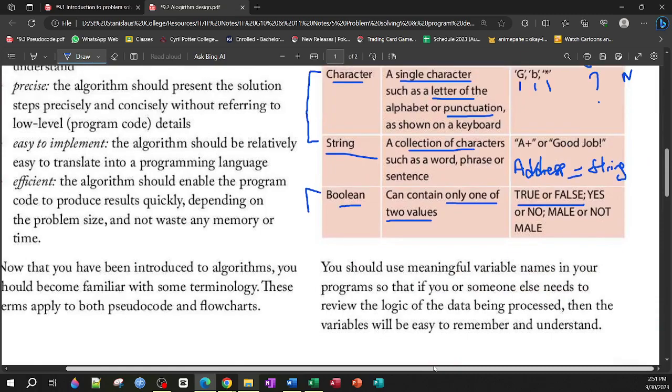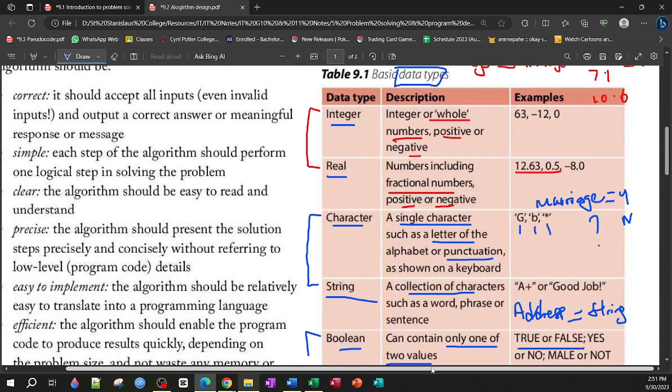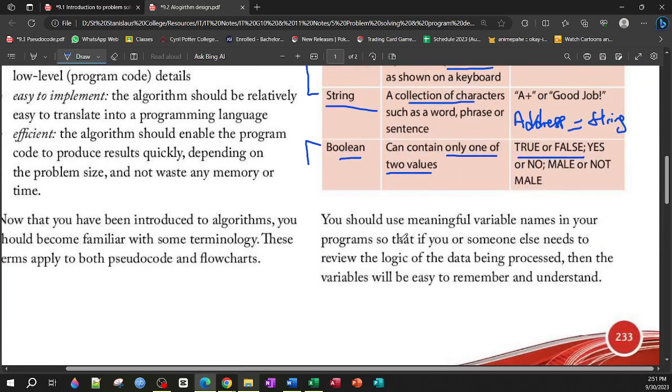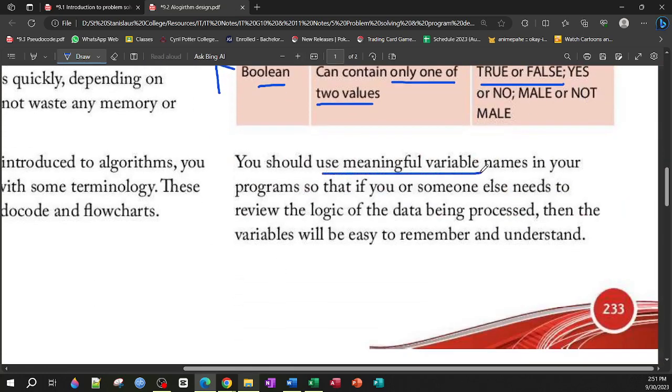Now, we looked at what is a variable, and we looked at the types of variables. Now we're going to be looking at how we name our variables. You should use meaningful variable names in your programs so that if you or someone else needs to review the logic of the data being processed, the variables will be easy to remember and understand.